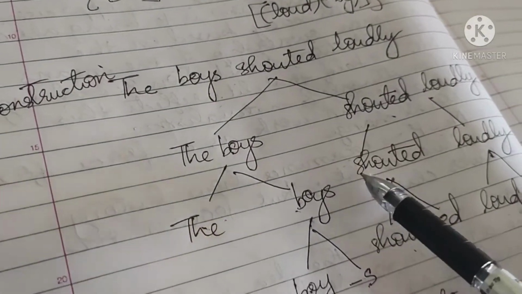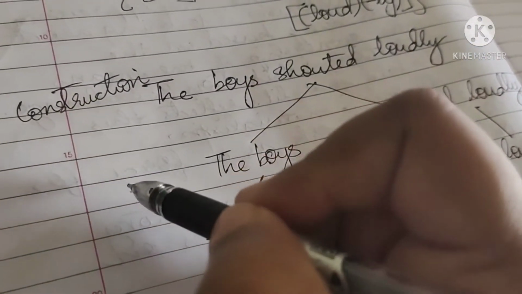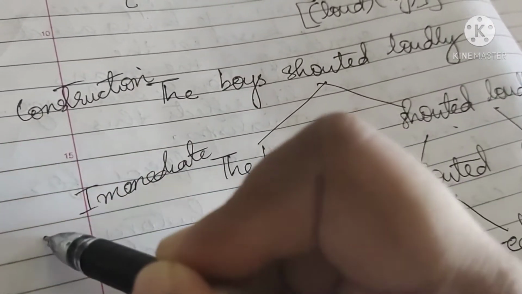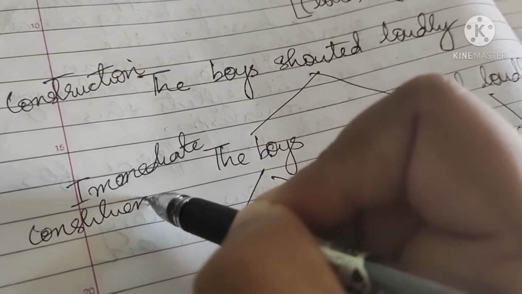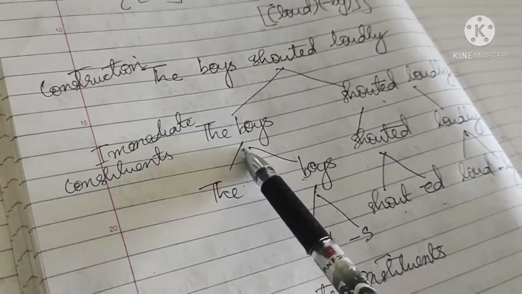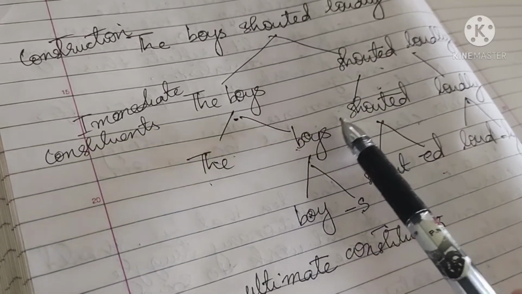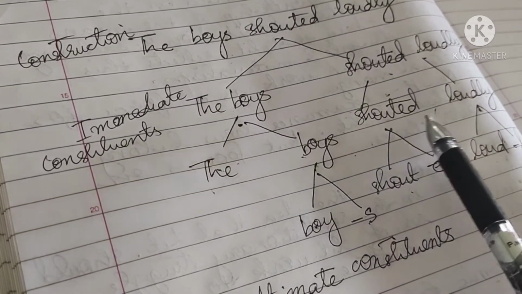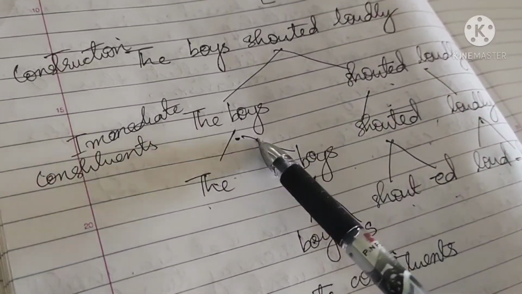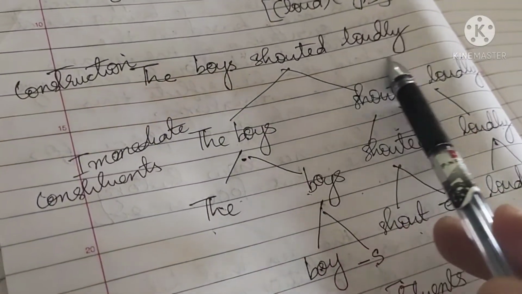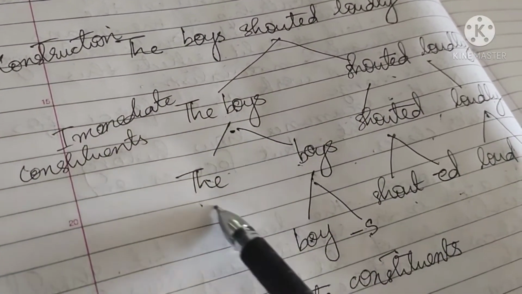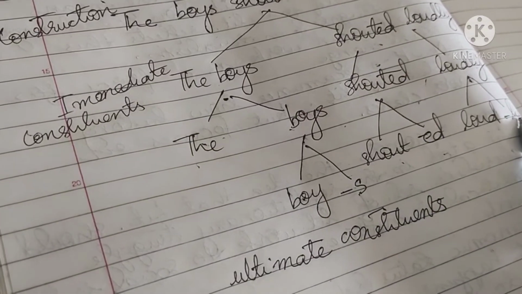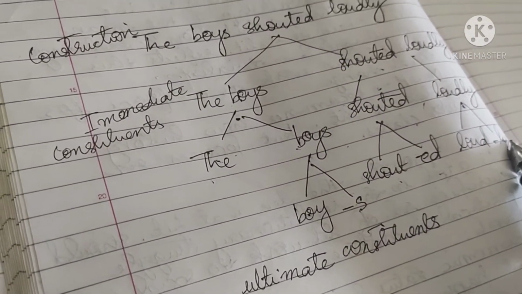All the levels other than the ultimate constituents are immediate constituents and constructions. This sentence is just a construction. All these are immediate constituents and constructions, and the last ones are ultimate constituents. I hope you got it.